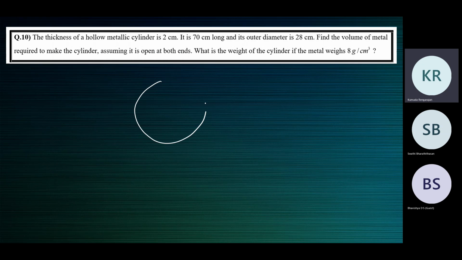Now, talking about W. This is the inner radius. This is the outer radius. From here to here is the outer radius. Let me draw again.